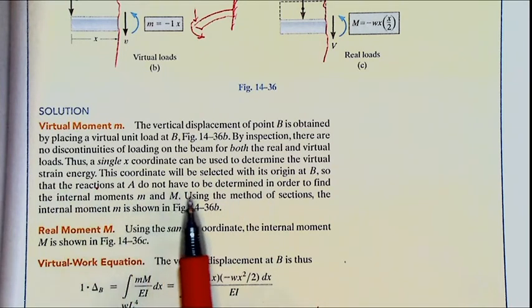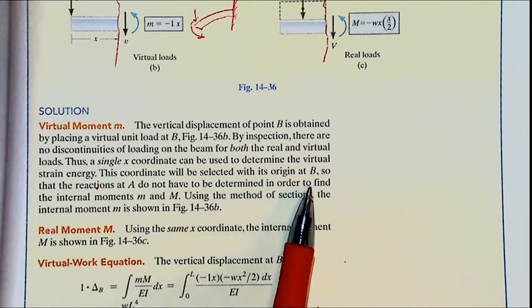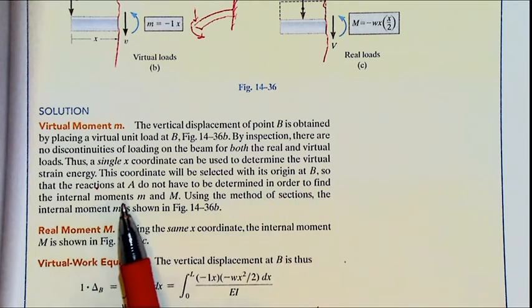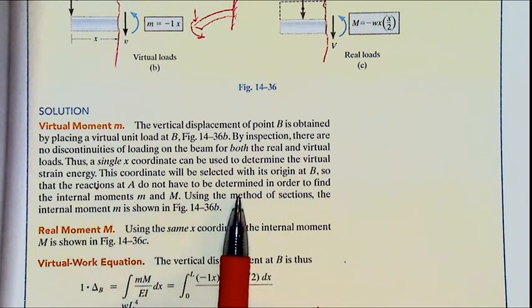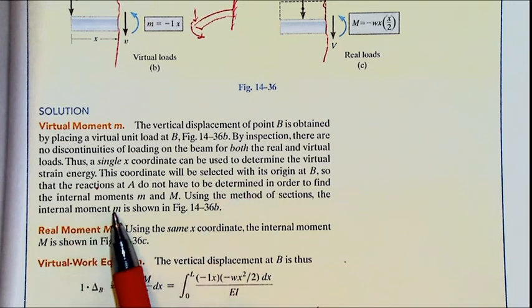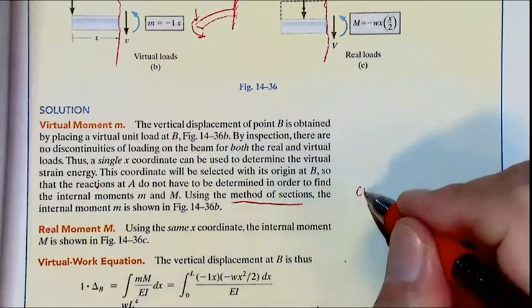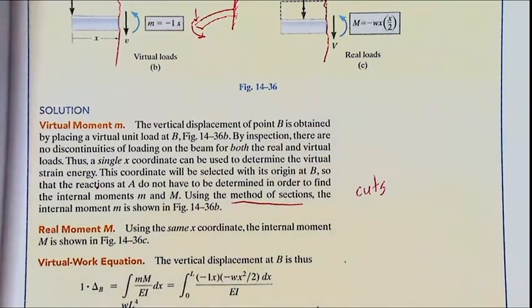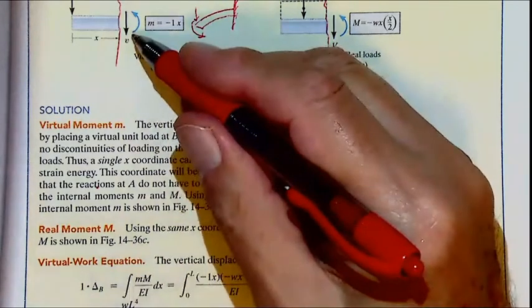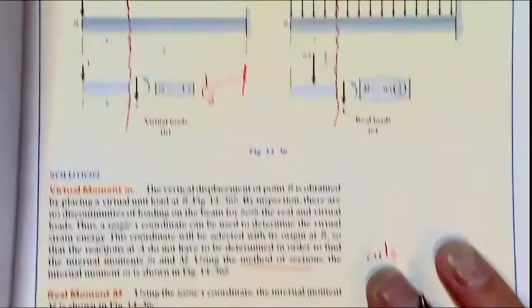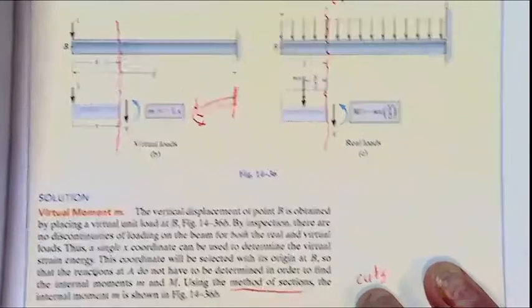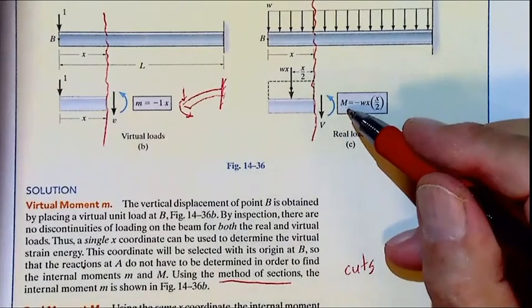This coordinate will be selected with the origin at B, so that the reactions at A do not have to be determined in order to find the internal moments. Using the method of sections or method of cuts, the internal moment M is shown here, and that is the external moment.